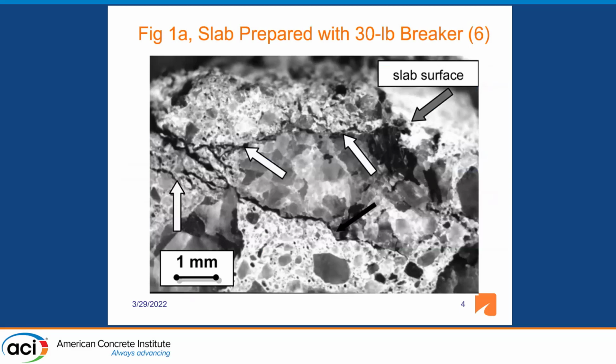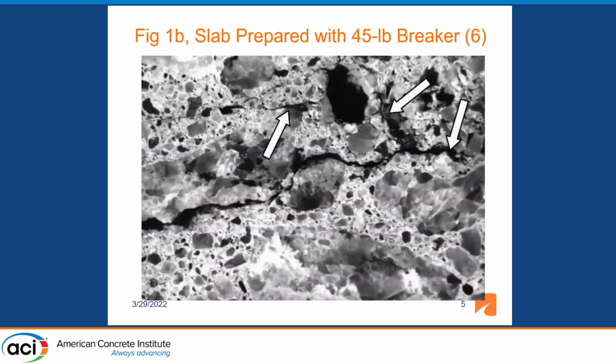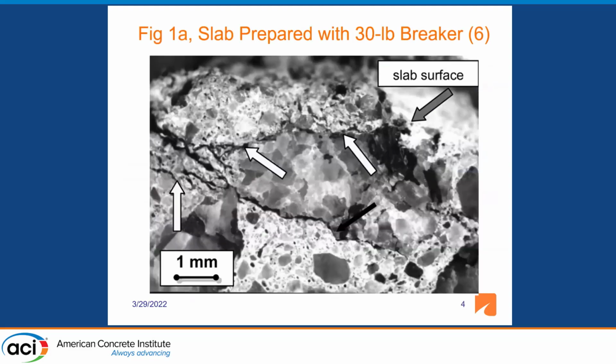You can see in this slide, you've got cracks here, you've got cracks here, and the surface of the concrete is up here. Usually these cracks are 1/8 of an inch or less below the surface. But you can imagine if you bond a new material to the surface, it's not going to fail at the bond line. It's going to fail where these cracks are, because that's the weakest point.